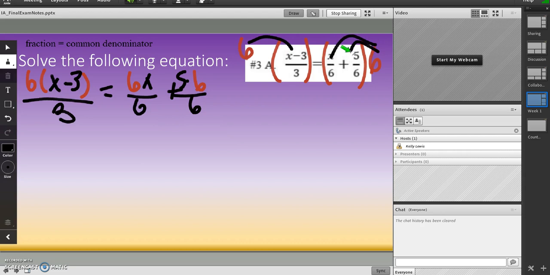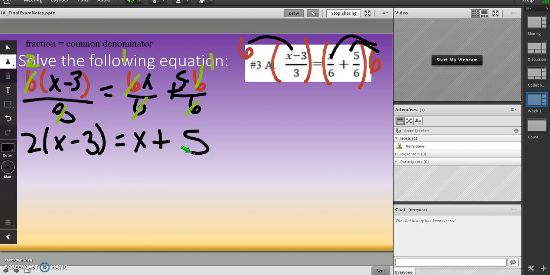Right now, 6 divided by 3 is 2. 6 divided by 6 is just 1. 6 divided by 6 is just 1. So what I have here is 2 parentheses x minus 3 equals 1 times x is just x plus 5 times 1 is just 5. And so this is just, instead of having fractions, a linear equation.